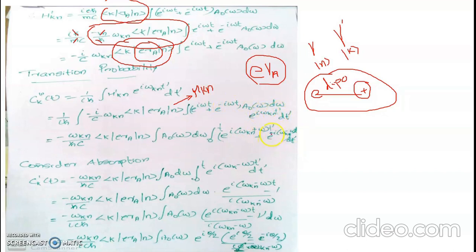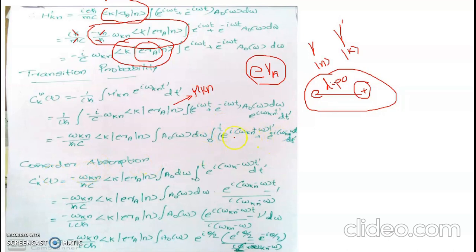That is e raised to i into omega kn minus omega t prime dt prime. All these t's are t primes, and the limit of integration is from 0 to t.